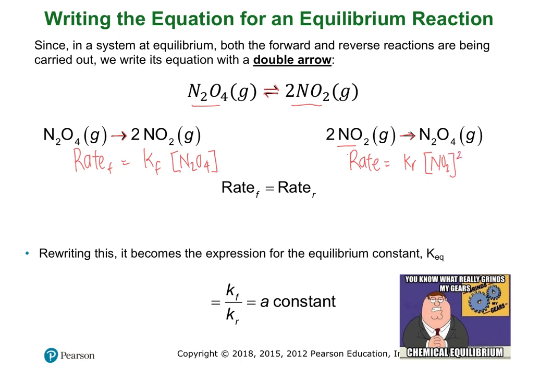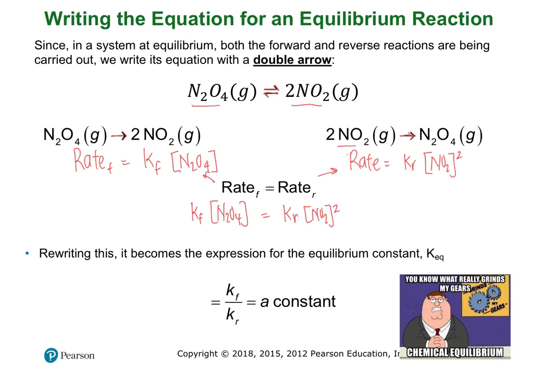Since they are equal to each other, we'll put those equations in. My forward rate is my forward rate constant times N2O4, coming from over here. And my reverse rate is going to equal Kr times NO2 squared.